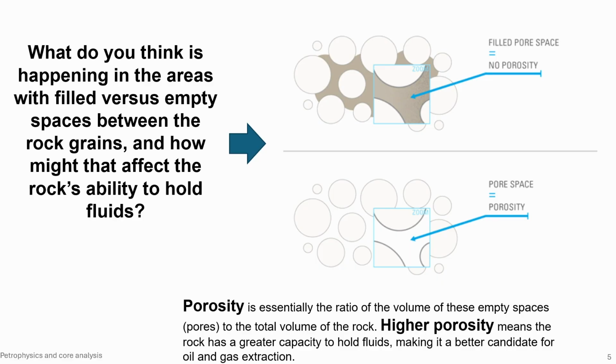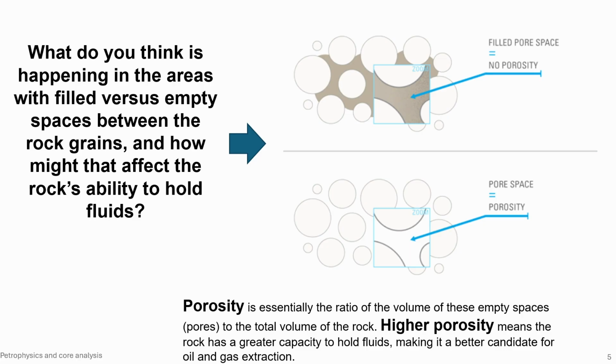Why is this important? Because hydrocarbons, water, and gas are stored in the pore spaces, not in the mineral grains themselves. A rock with higher porosity generally has more storage capacity.